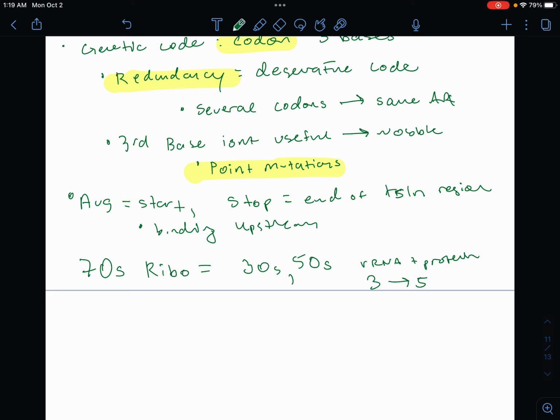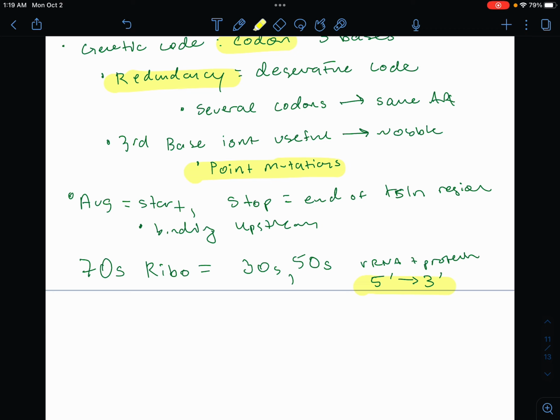So most of these processes, again, are going to go 5 to 3. Sorry, shoot. I'm so sorry about that, folks. 5 to 3. See, this is what happens when you're very sleepy and you're trying to review notes. Please don't do what I'm doing. 5 to 3. Almost all processes when you're talking about the genetic code are 5 to 3.